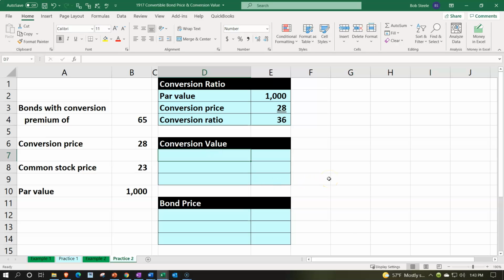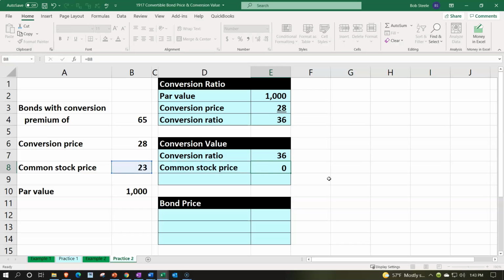The conversion value is the conversion ratio that we calculated up top, because that's the number of shares we can convert to, multiplied by the common stock price. If we take that bond and convert it to 36 shares, which are currently trading at a market price of 23, font group and underline.